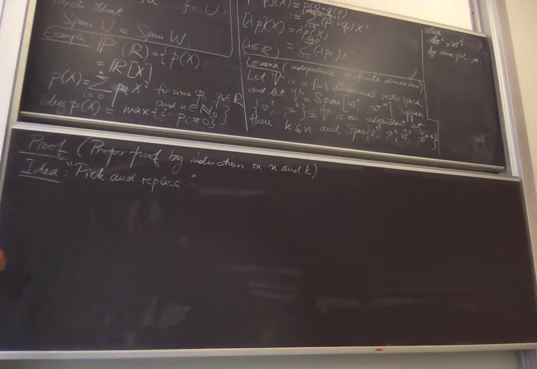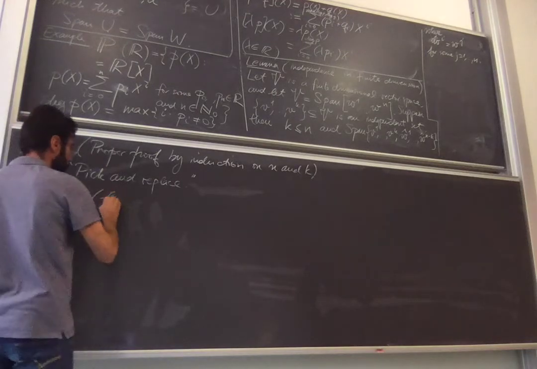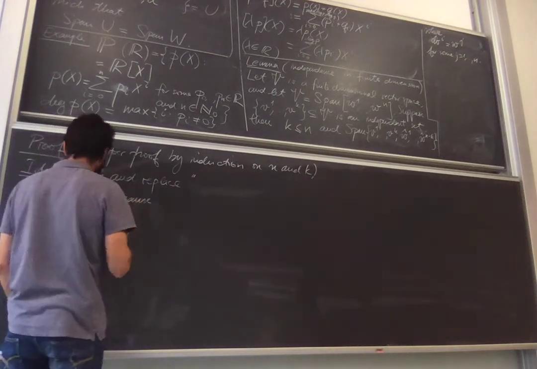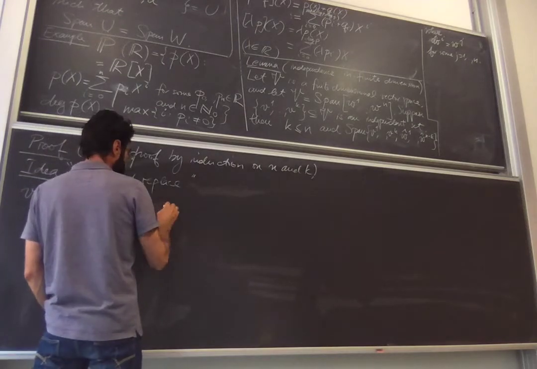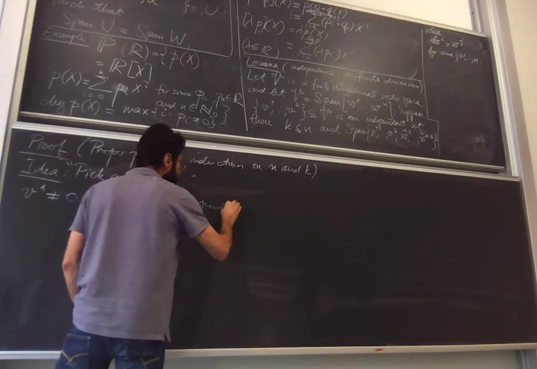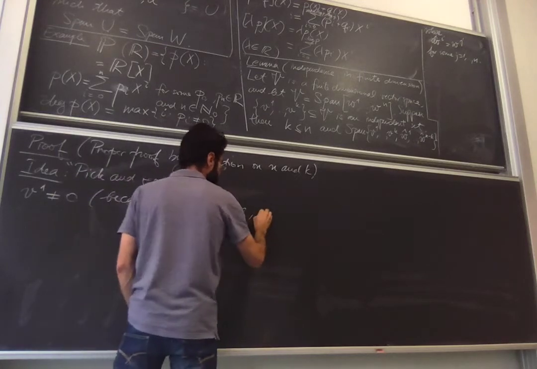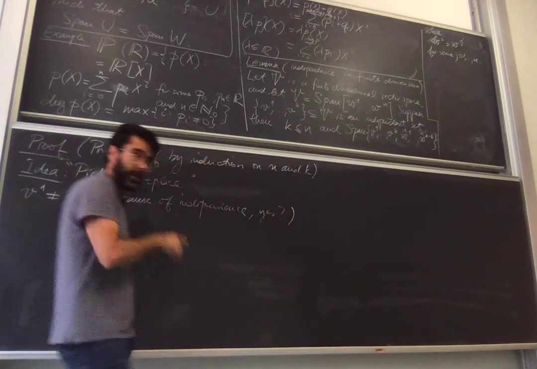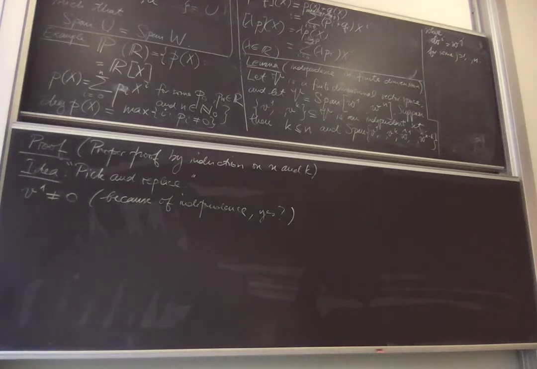Let V1 be different than 0. This is because of independence. Check that you understand why I'm saying this.